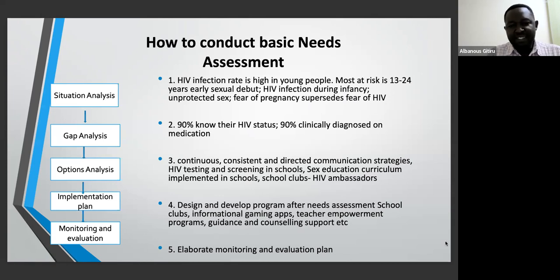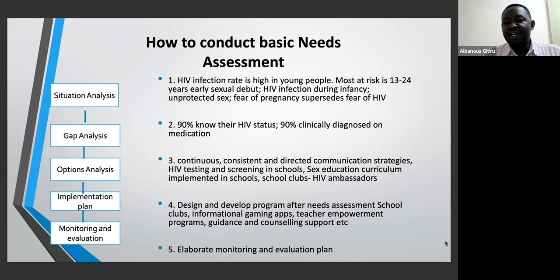So situation analysis, for me, I wanted to look at this situation that is very common and rampant globally, and more so in Africa, that HIV infection rate is high amongst the young people. The most at risk is 13 to 24 years. And within this, we can see that there is early sexual debut.